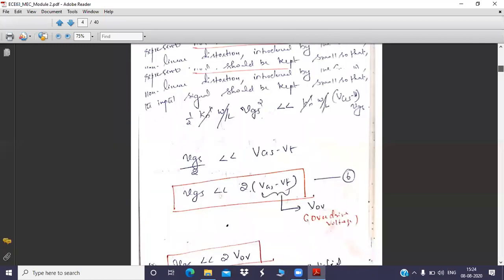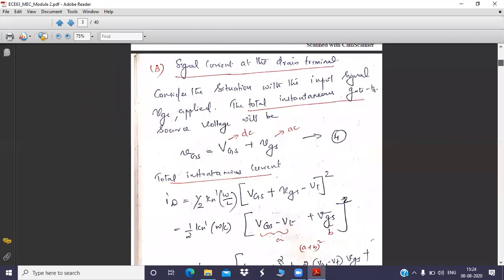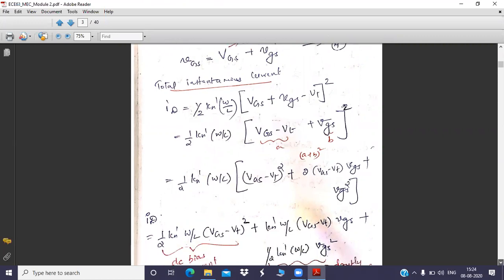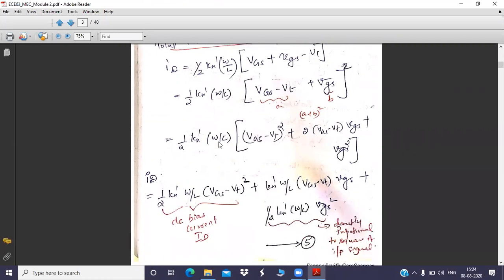I'll repeat once more. What I have done is, first, I will take care of the equation of ID. This is the total ID, which will have the effect of both AC and DC. So for that, we will include the effect of both capital VGS and small letter VGS here. I will separate the DC term and AC term, expand A plus B whole square, take the common factor inside, open the bracket, you will get three terms.